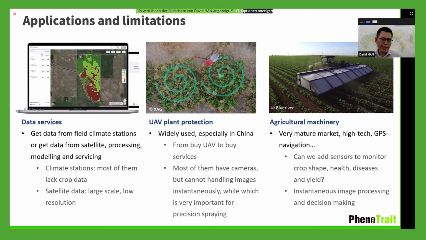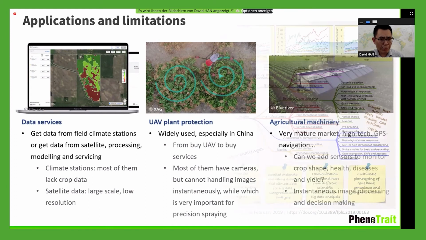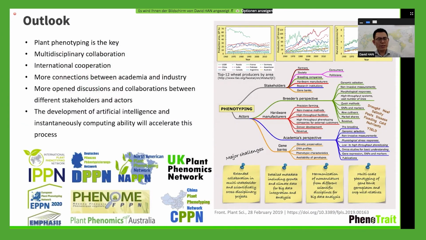And can we do instantaneous image processing and decision making in the future? If we can do this, it may be very useful for future agriculture. So from all these examples, we can see that plant phenotyping is very important, is one of the key processes or key bottlenecks.